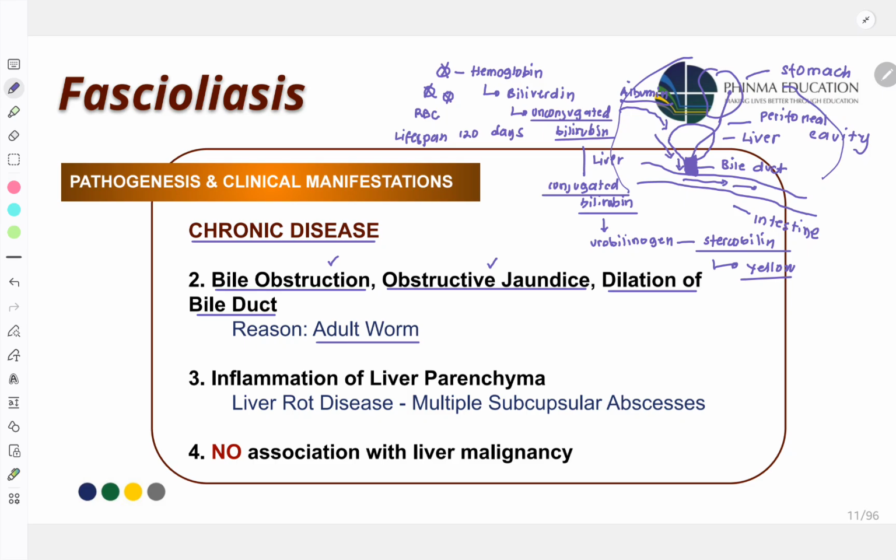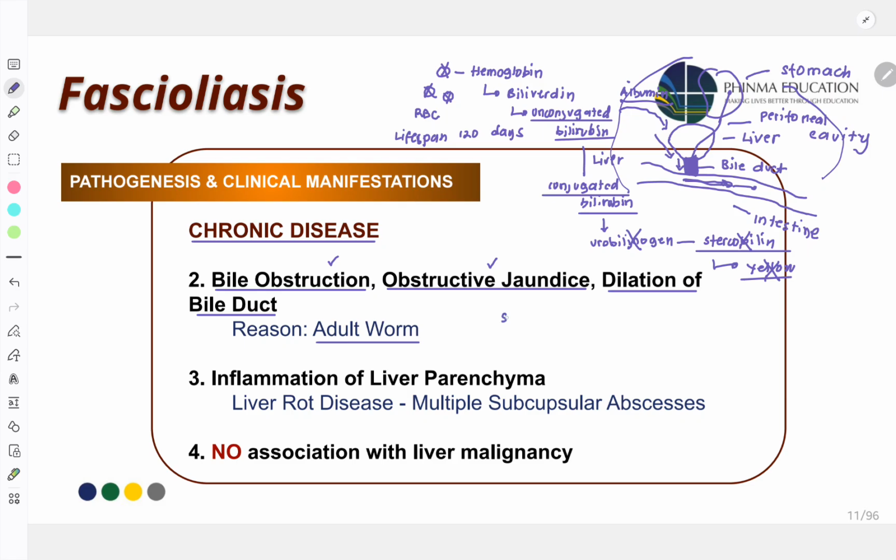It's because of stercobilin. But since there is obstruction in your bile duct, the conjugated bilirubin cannot be released into the intestine. So there is no urobilinogen, and if there is no urobilinogen, there is no stercobilin. If there is no stercobilin, there is no yellow color.